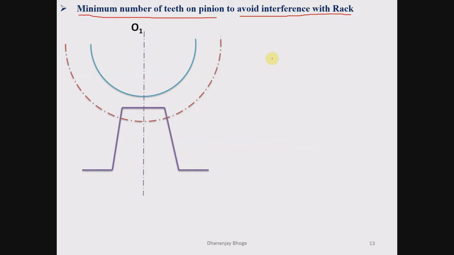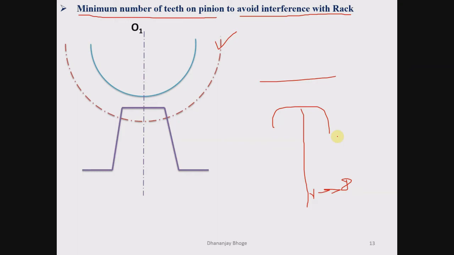Now next, we have drawn the pitch circle for pinion. Now what about the pitch circle of rack? Rack is straight, so its pitch circle will become straight because rack is having infinite diameter or radius. If this is the pitch circle of rack, if we increase its radius to infinity, when r tends to infinity, this circle becomes a straight line.